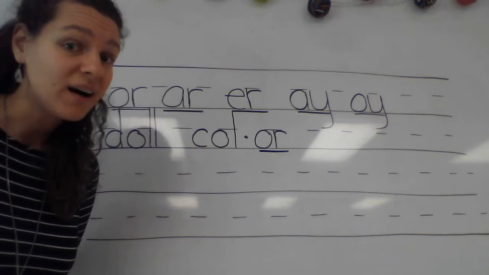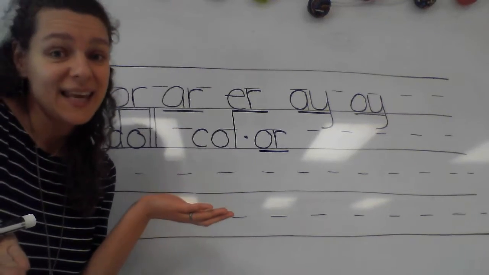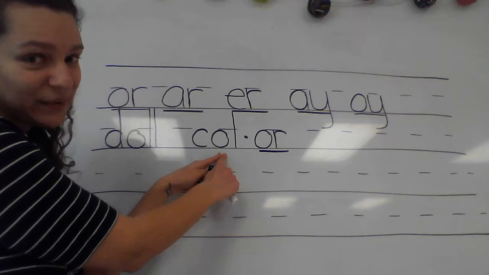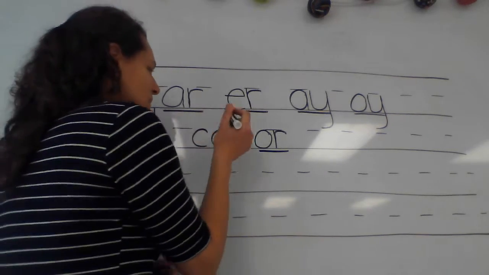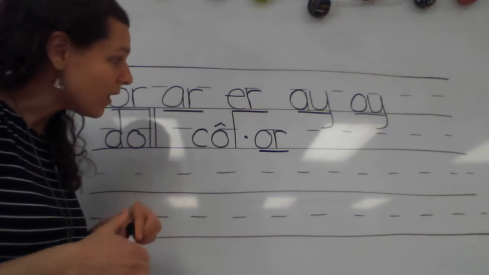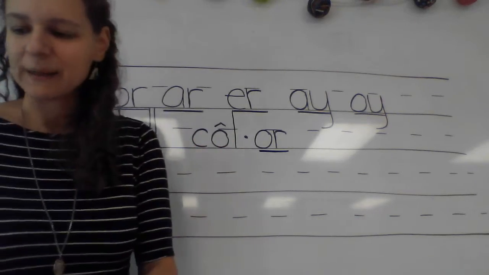Something's different. Call, cull. Class, what's going to get our thinking cap? I hope you said the o, because between call and cull, that's the thing that changes. We'll go ahead and put that thinking cap there. So we say call to spell the first syllable, but we say cull when we're talking.